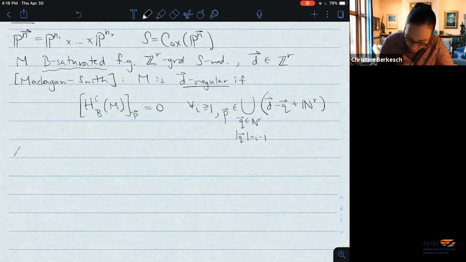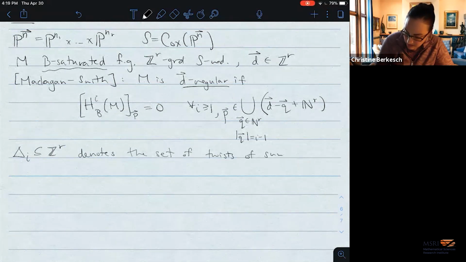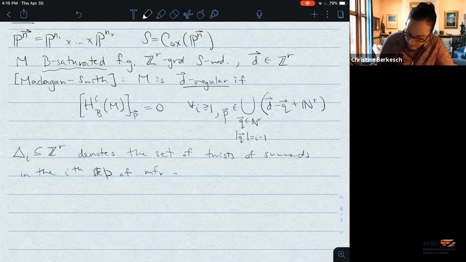I want delta i inside of Z to the r to denote the set of twists of summands in the ith step of the minimal free resolution of S mod B. Bayer and Sturmfels actually computed these a while ago.